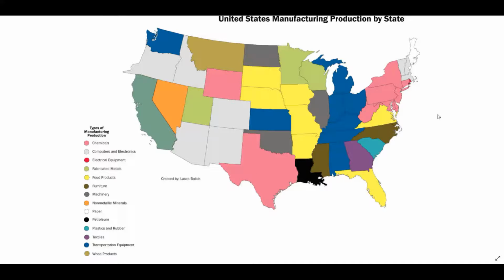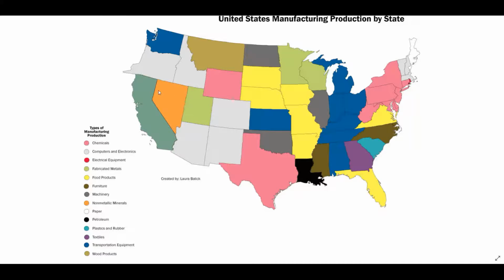Those are chemicals. Let's see, California out here. Let's see, what color matches this? Would you say maybe this one? It's kind of hard to tell. Or maybe this one, machinery.